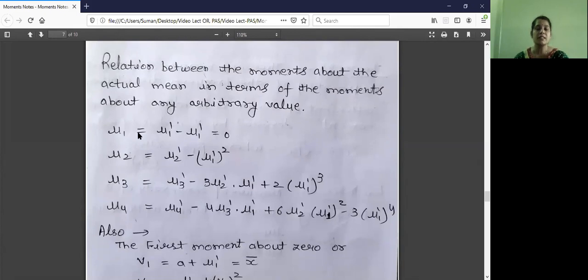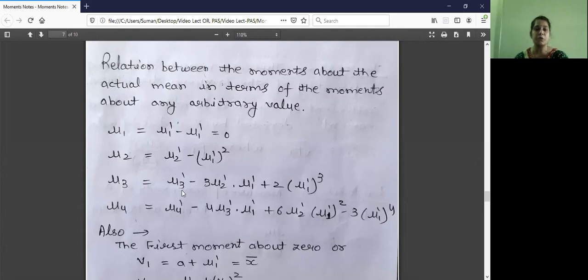So mu1 is equal to mu1 dash minus mu1 dash, which is 0. Mu2 is equal to mu2 dash minus mu1 dash whole square.